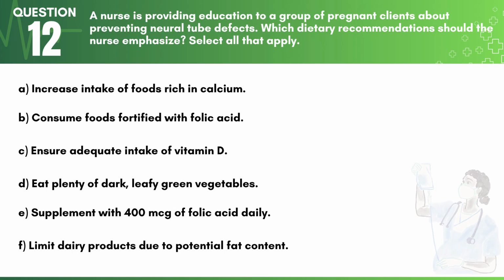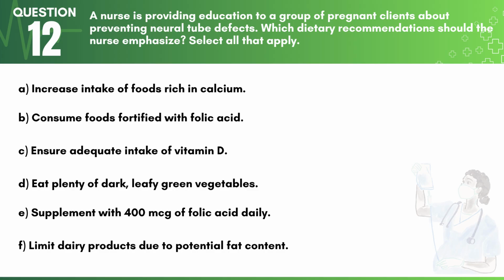Question 12. A nurse is providing education to a group of pregnant clients about preventing neural tube defects. Which dietary recommendations should the nurse emphasize? Select all that apply. A. Increase intake of foods rich in calcium. B. Consume foods fortified with folic acid.